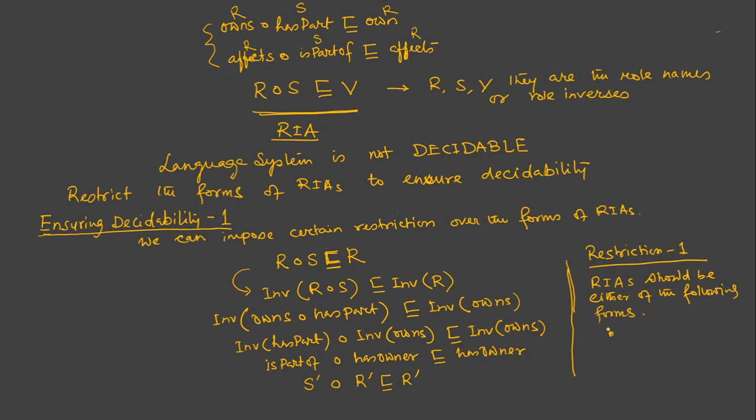So one is R composition S implies R, and S composition R implies R, right? So this is the first condition that we are imposing, and that condition is imposed on the form of the RIAs that can be taken, right?